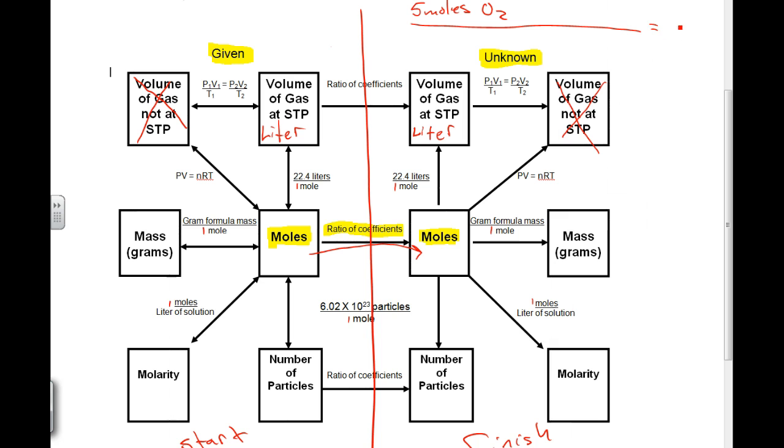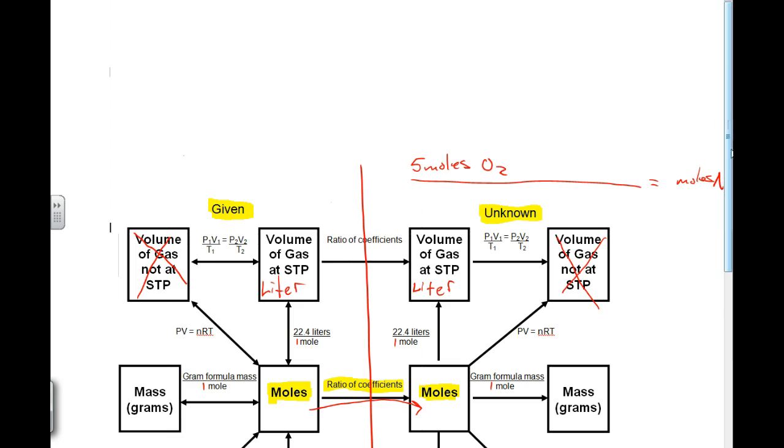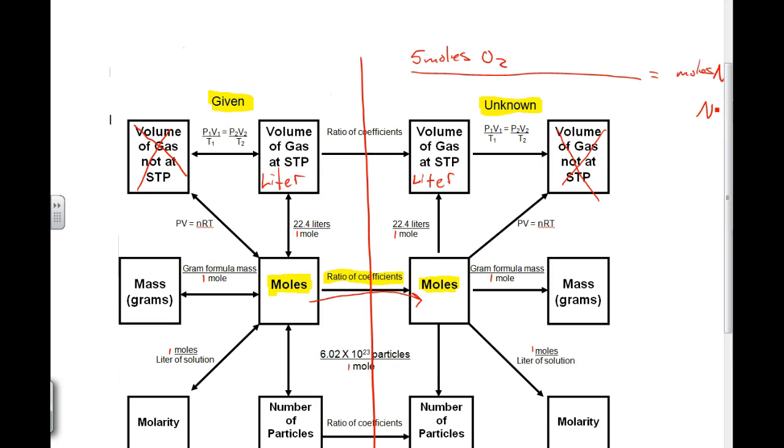We wanted to solve for moles of NO. Alright, we use the ratio of coefficients of moles O2 to moles NO, and if you remember that was a 2-to-1 ratio. Alright, so we use that ratio of coefficients to go across and to find what I wanted to go from my given to my unknown, and that was 10.